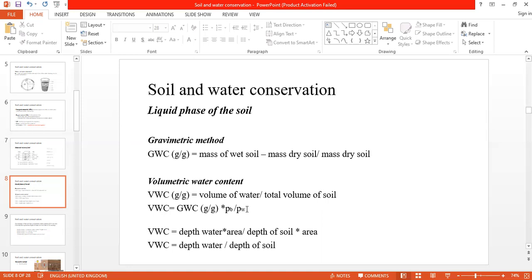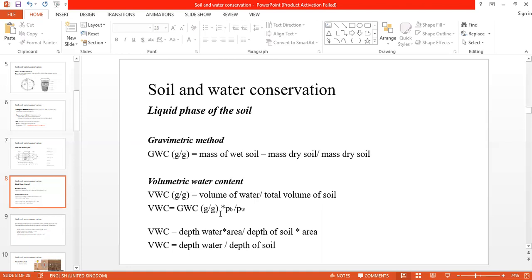But the density of water is 1, so usually we don't even put it here. It's usually gravimetric moisture content times bulk density. Tomorrow as we start, we'll go through to see how this relationship was derived.